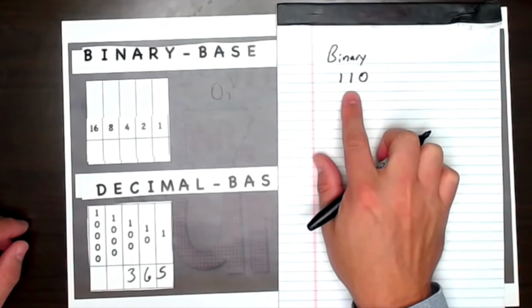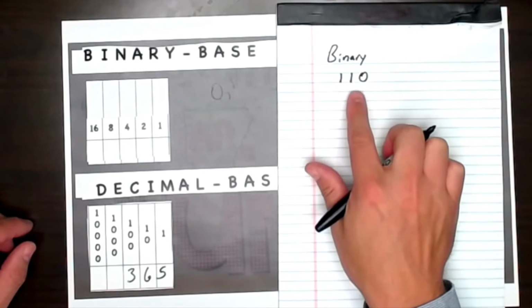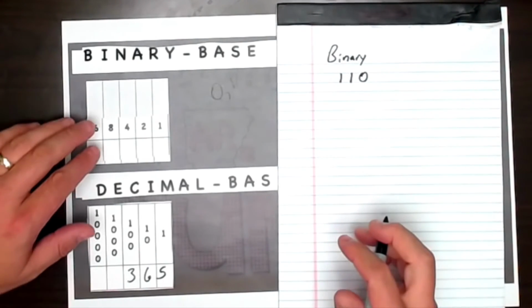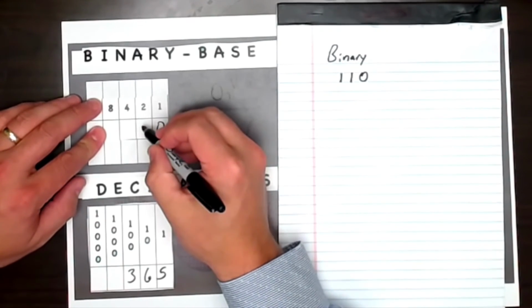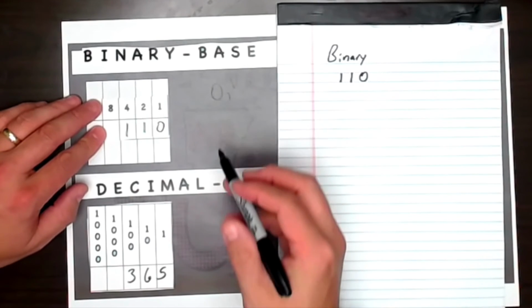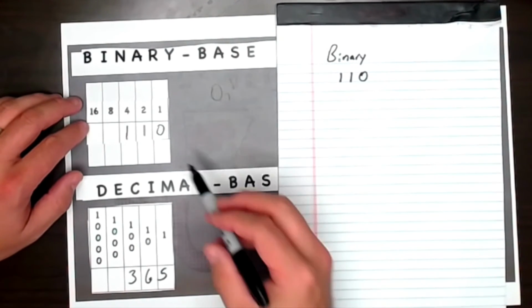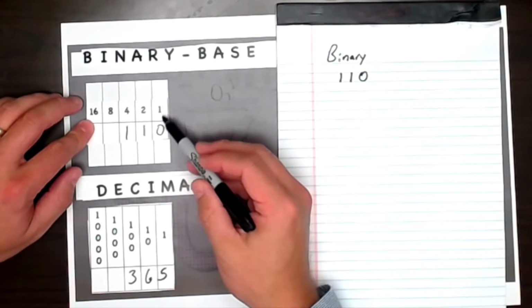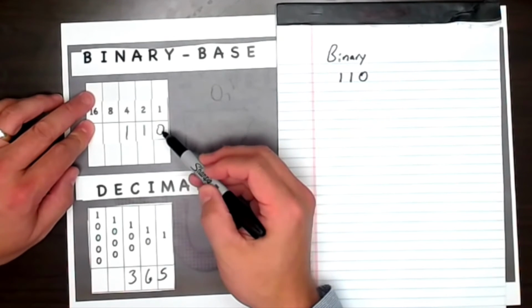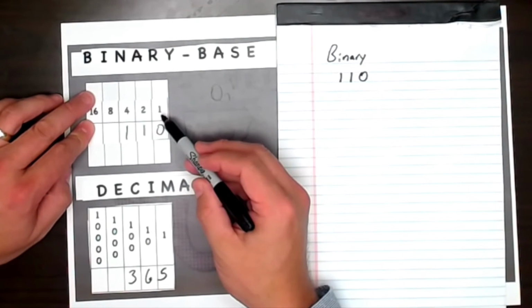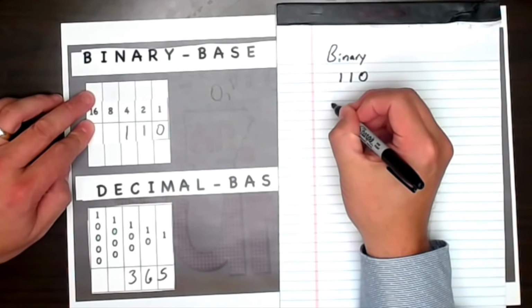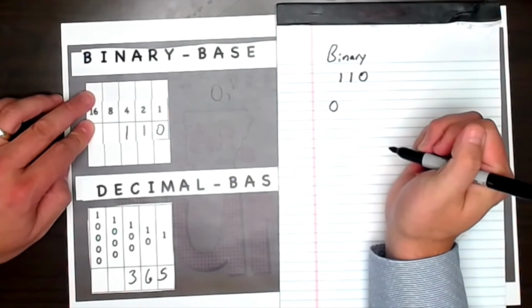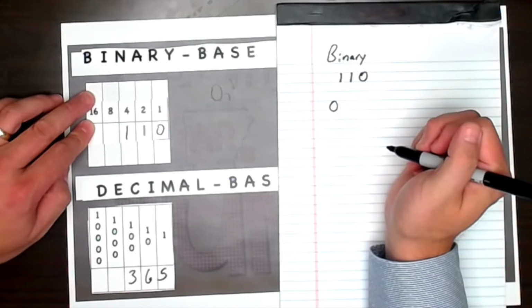You'd call this 110, right? But we're in binary, so it's not 110, which I know doesn't make a lot of sense right now. But let's think about it from our placeholder discussion. We know that this is the ones place. So if we have 0 ones, how much do we have? Well, 0.